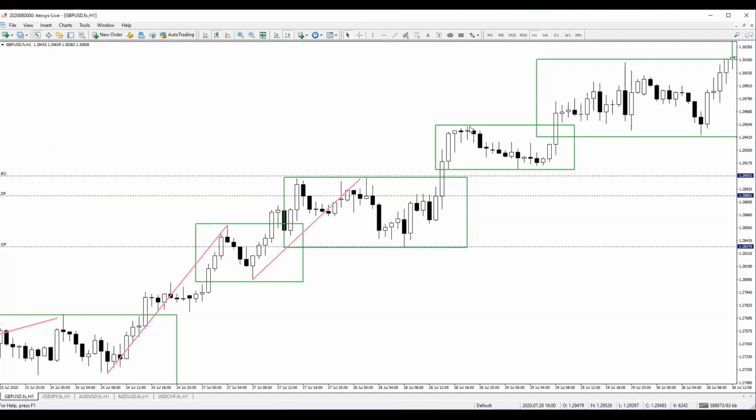So when price returns here, we assume that there are waiting buy orders that weren't fulfilled from the last war between buyers and sellers.